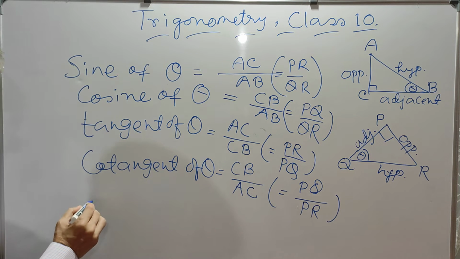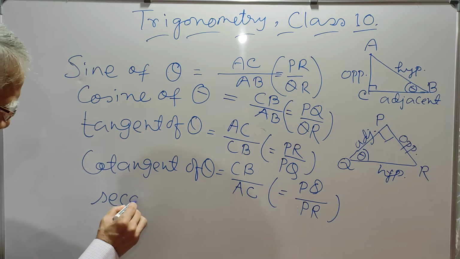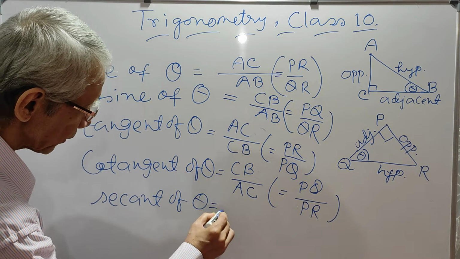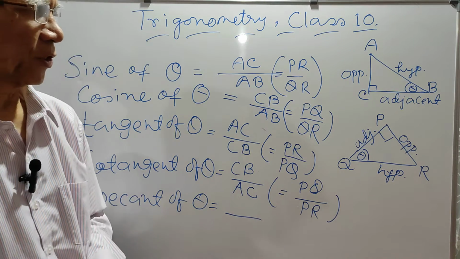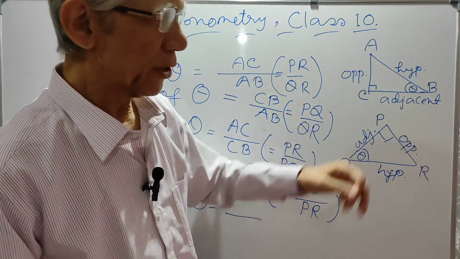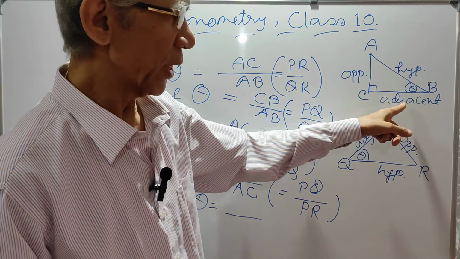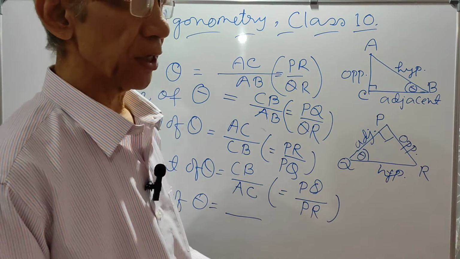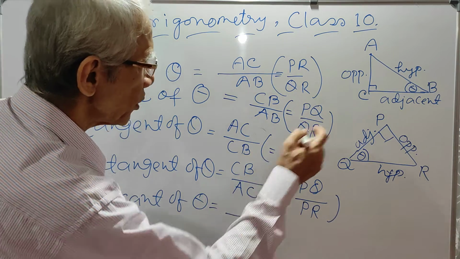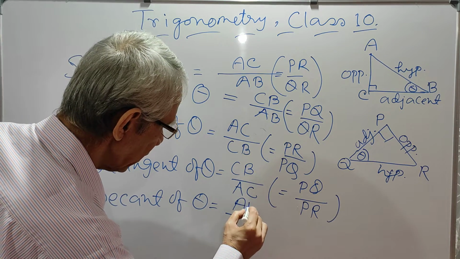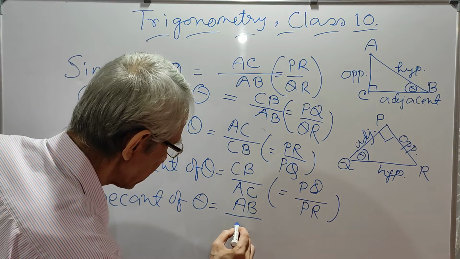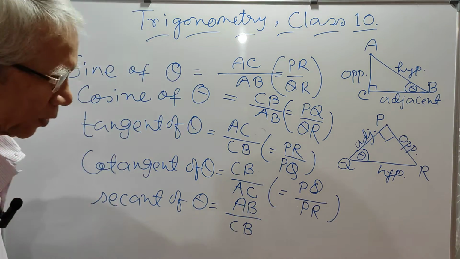Now, secant of angle theta. Which ratio is it? Hypotenuse by adjacent. This ratio is called secant. Now, hypotenuse is AB, and adjacent is CB, so AB by CB.